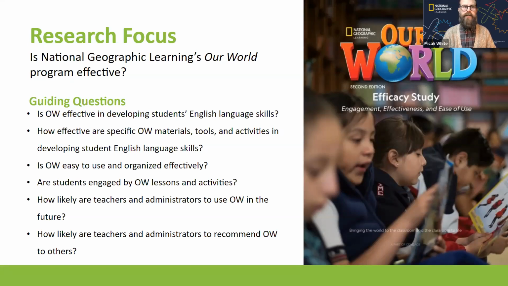Some of these questions included: is the program effective in developing students' English language skills? That's a critical question you want to know. How effective are specific materials, tools and activities in developing those English language skills? Is it easy to use? Is it organized well? And there were many other questions, as you can see here.